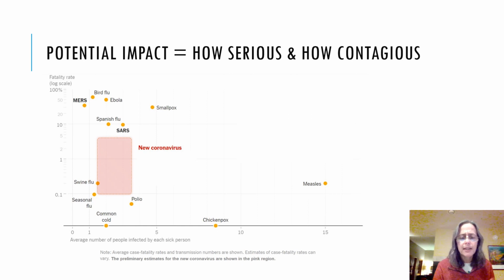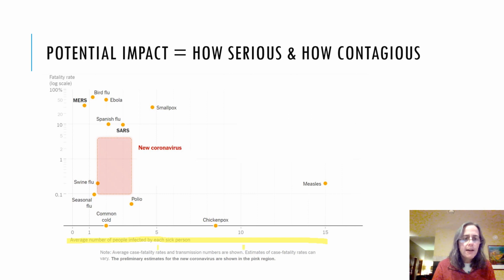So we can put things on a scale. This is a logarithmic scale, and down here is R naught, the average number of people infected by each sick person. You can see here it goes from 0 to 1 to 5 to 10.